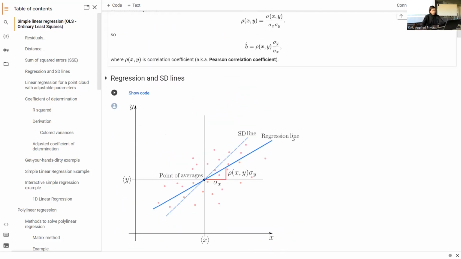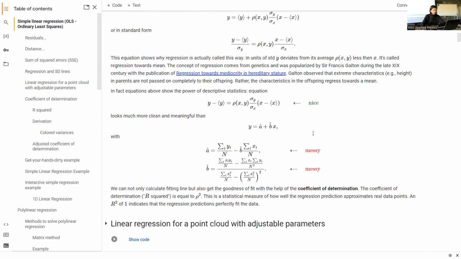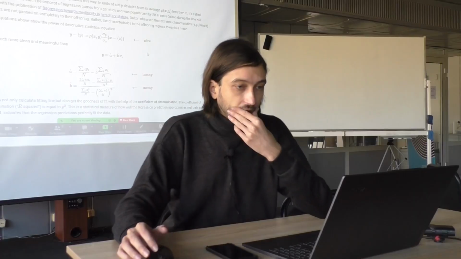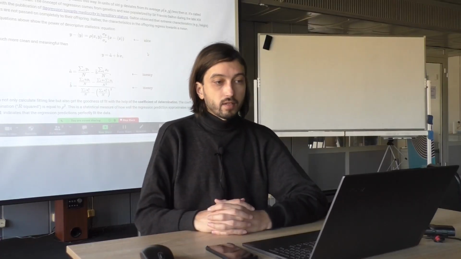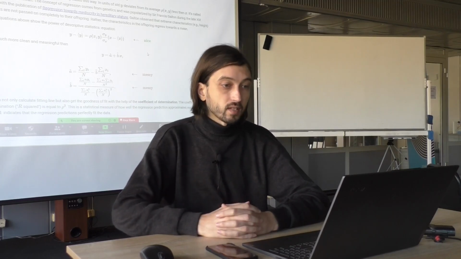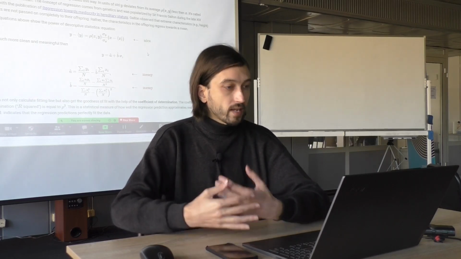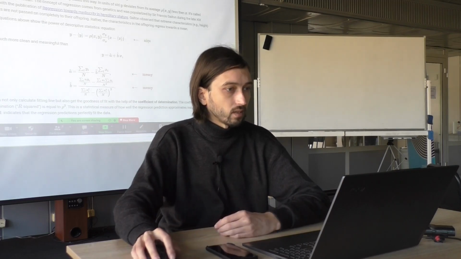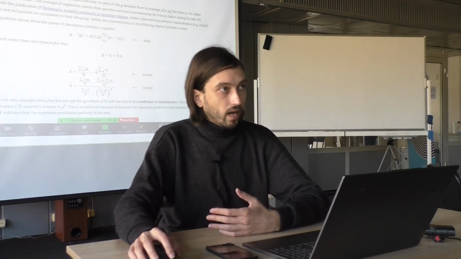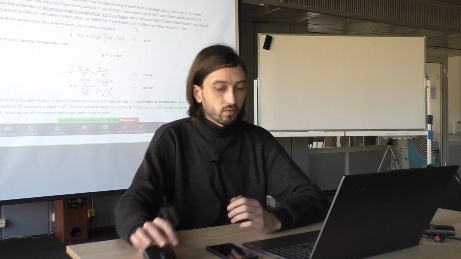And when I'm doing the exact regression, I'm getting this rho, and that makes my line a little bit more horizontal. And that basically means, to put it in the words of Sir Francis Galton, who discovered that in some sense, data regresses towards mediocrity. So you have some sort of mean value, and your line has some slight tendency to get a little bit closer to that mean value.